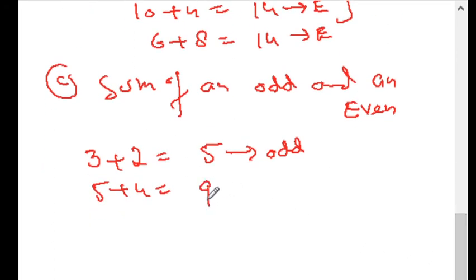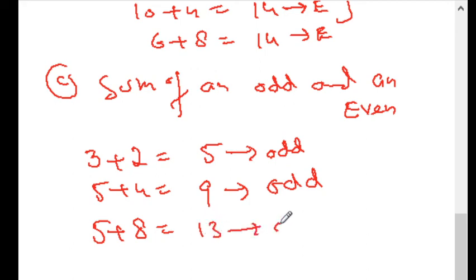So the result is 9, which is odd. Similarly, 5 plus 8, one is odd, one is even, but if we add them, we get 13, which is odd. So the sum of odd and even is always odd.